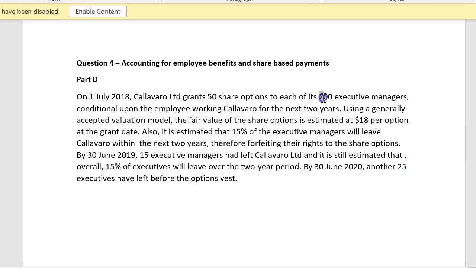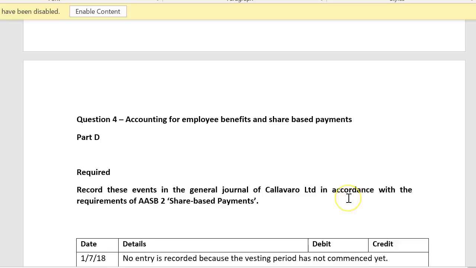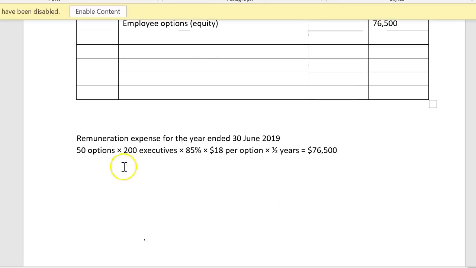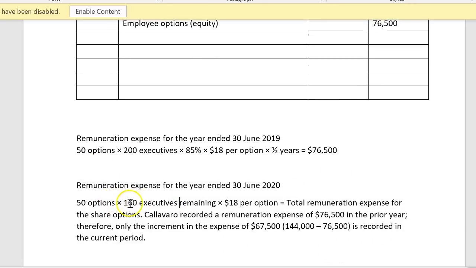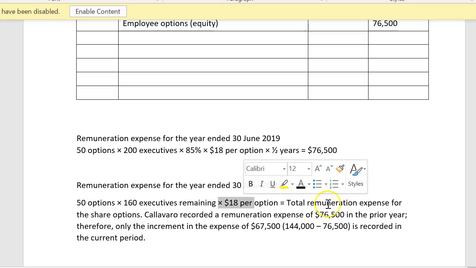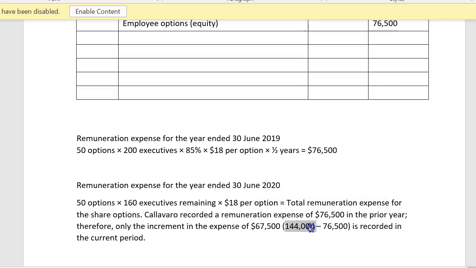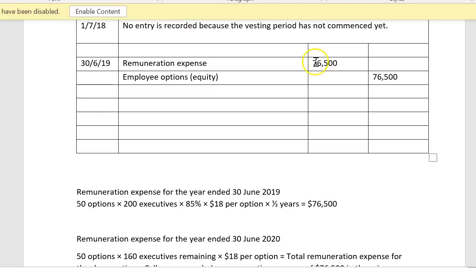Okay, so 200 minus 40 gives you 160. So that's 160 executives, each entitled to 50 options, times 18. That gives you the total remuneration expense, which is 144,000. Now, they had already recognized 76,500 in the first year.